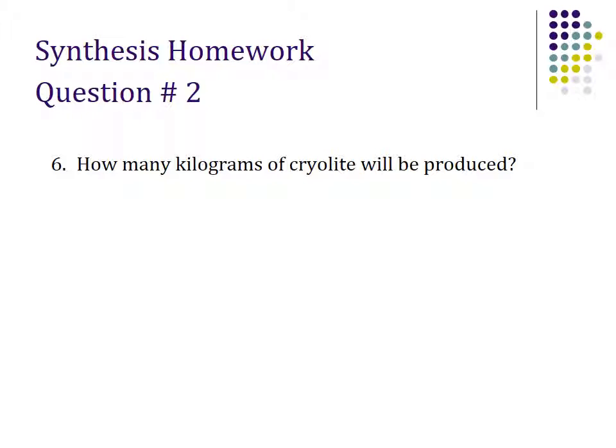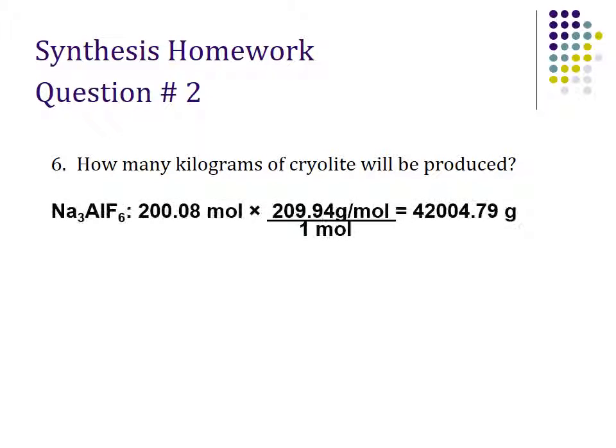The next part of the question asks how many kilograms of cryolite will be produced. Since Al2O3 is the limiting reagent, we are only able to produce 200.08 moles of cryolite. We now have to convert moles to kilograms. To do so, we first convert moles to grams by multiplying by the conversion factor, molar mass over moles. We have already calculated the molar mass of cryolite.